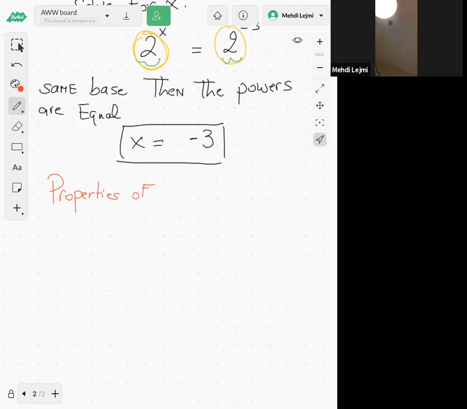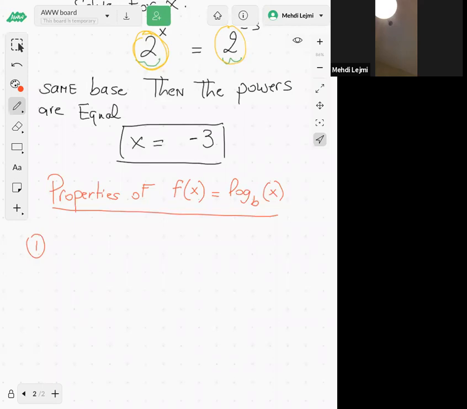This is f of x equal to log in base b of x. Again, this log in base b is supposed to be the inverse of the exponential with the base b to the x.